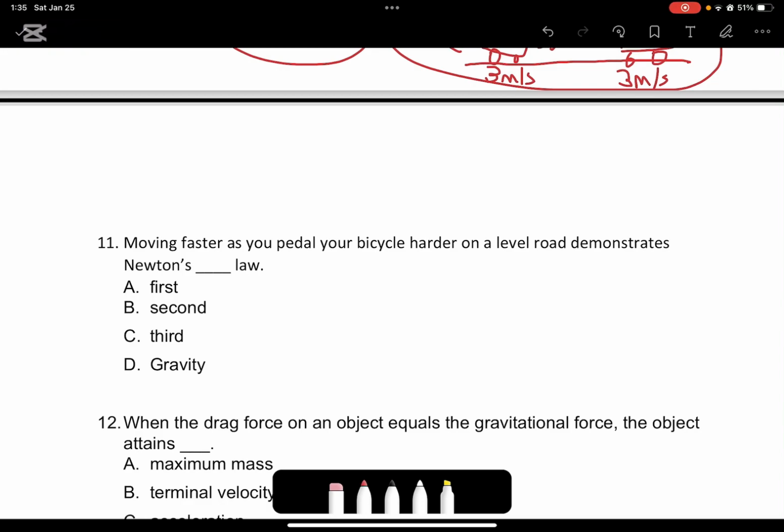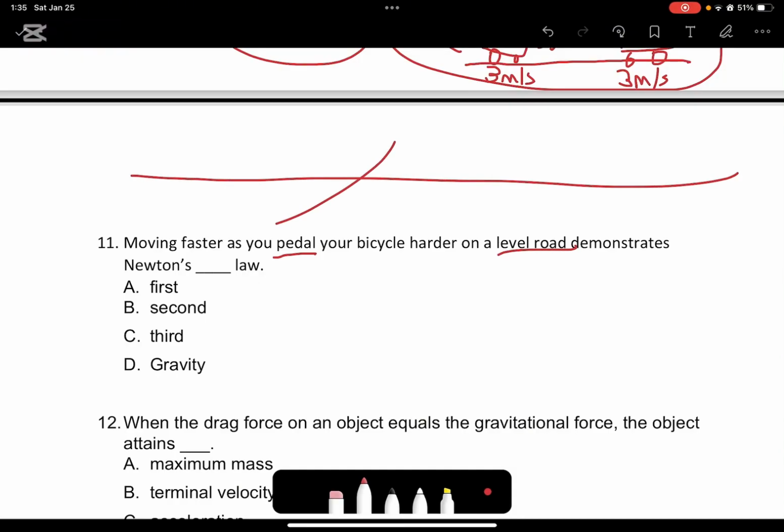Moving faster as you pedal your bicycle harder on a level road demonstrates Newton's which law? Moving faster as you pedal your bike, you're accelerating. Harder on a level road. Level road means a road that's just straight. It's not going up, it's not going down. It's just straight.